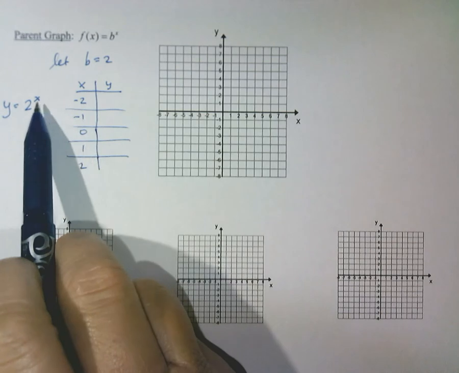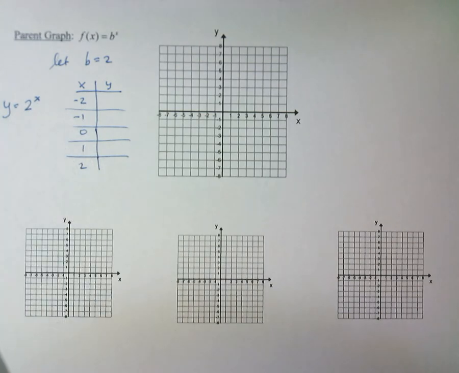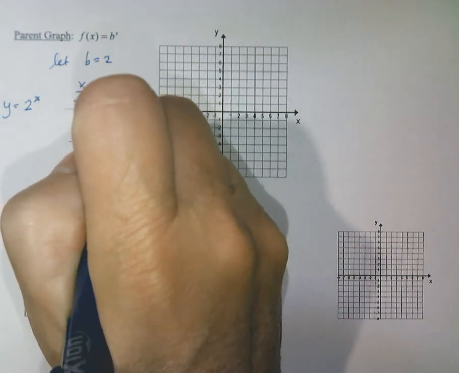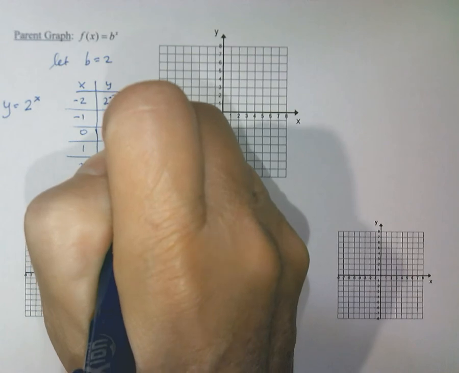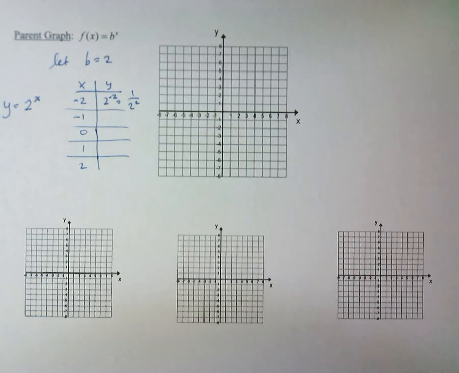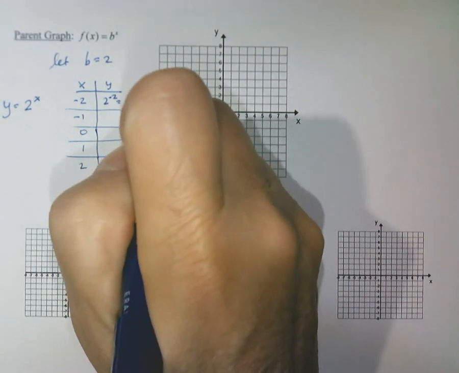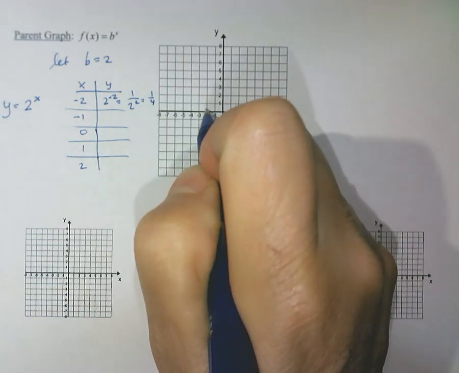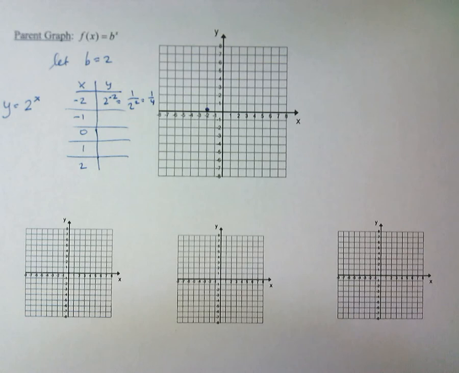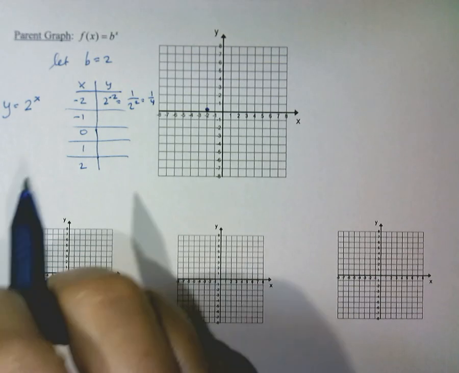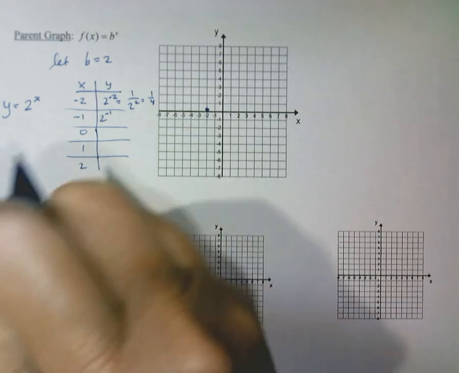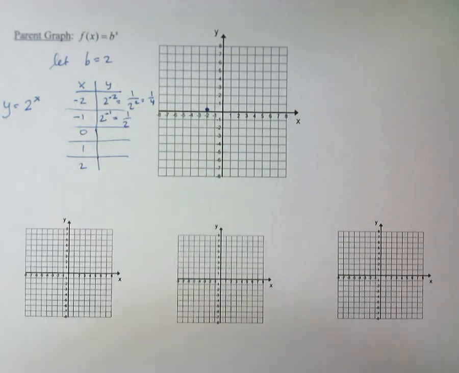If I put a -2 in for x, 2 to the -2. From Algebra 1, if you remember, a negative exponent makes it 1 over 2 to the positive 2 power, which is equal to 1/4. So I'm going to plot the point (-2, 1/4). If x is -1, 2 to the negative first power is 1 over 2 to the first power.